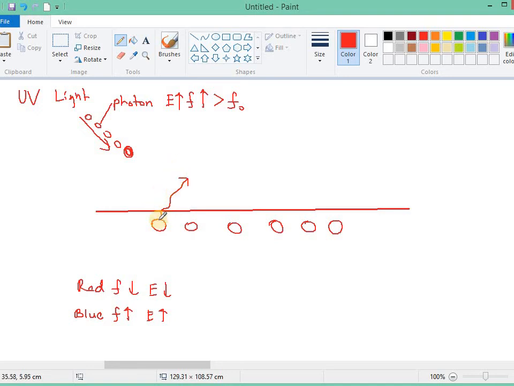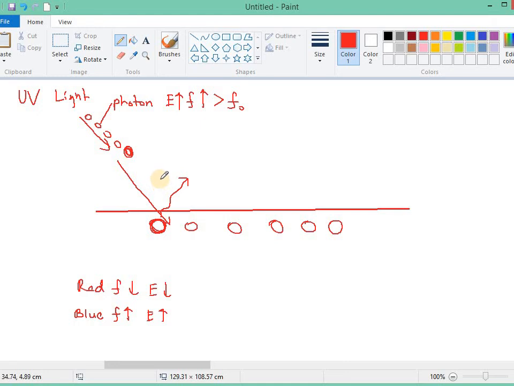Okay, so the chance of one electron coming into contact with one photon is actually not very high. It's actually very low.